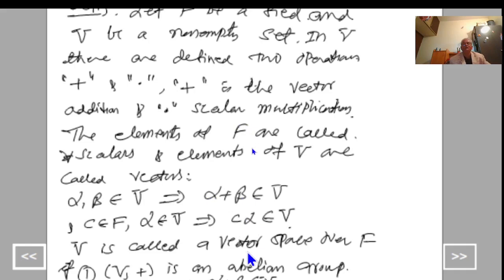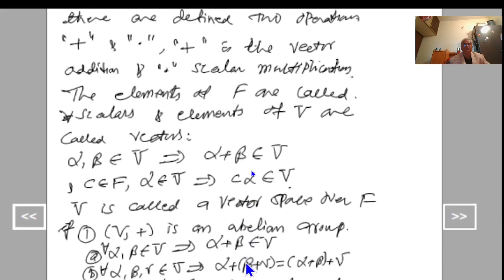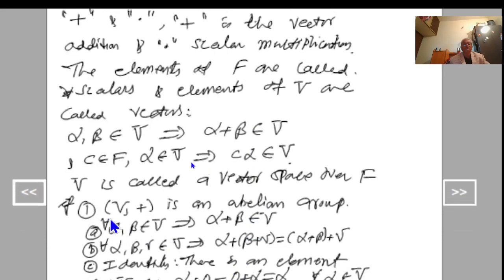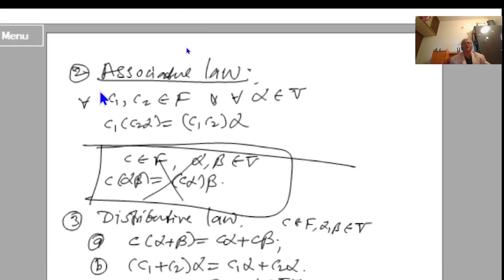Then we call V a vector space over F if, first axiom, V comma plus is an abelian group. The second axiom is the associative law with respect to multiplication. Here we take two elements from F and one element from V: C1 into (C2 alpha) equals (C1 C2) into alpha.